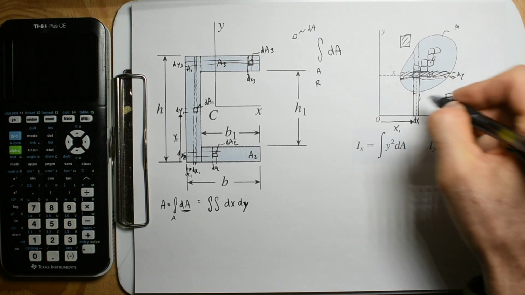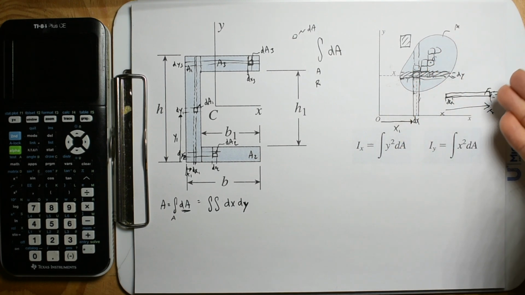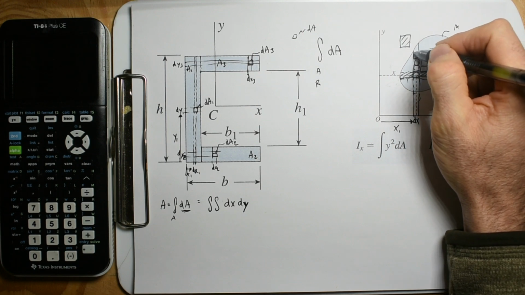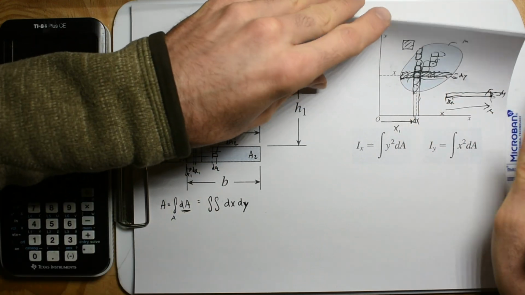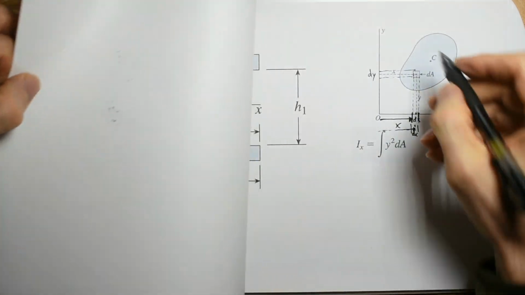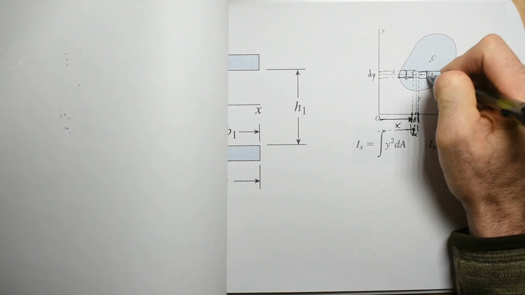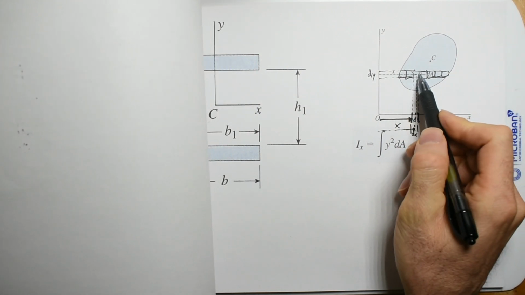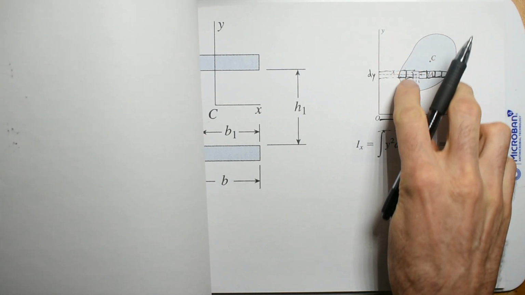I guess what people don't talk about is that there's got to be a rhyme and reason to adding them. So might as well add them vertically first, like that, or add them horizontally. So I'm going to add those up. And then once I add those up, I can use that as a slice, and that's more familiar with integrating.